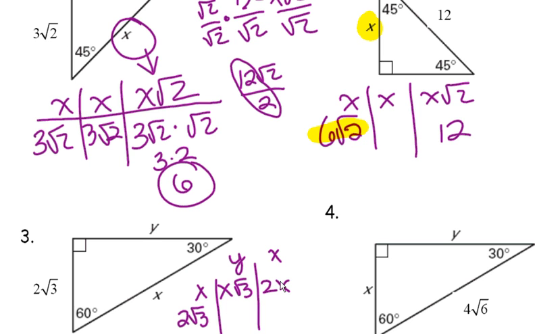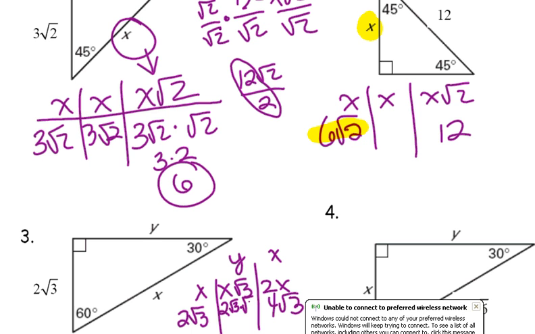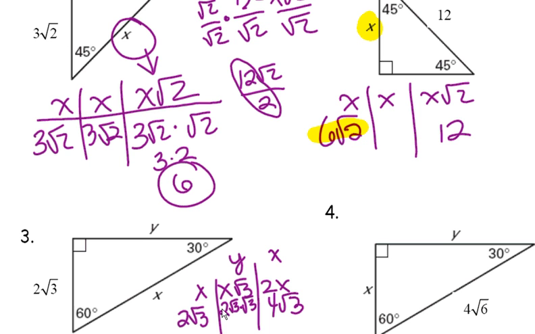I take my x and multiply it by 2, so 2 times 2 is 4, so I get 4 radical 3. And in this one, I get 2 radical 3 times radical 3. Radical 3 times radical 3 is radical 9, the square root of 9 is 3, so it's 2 times 3, which is 6. So this is 6, and this one is 4 radical 3.